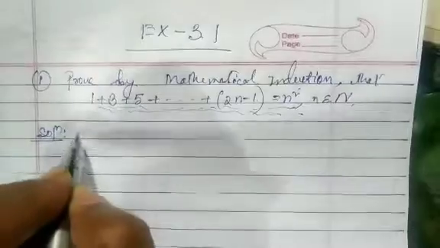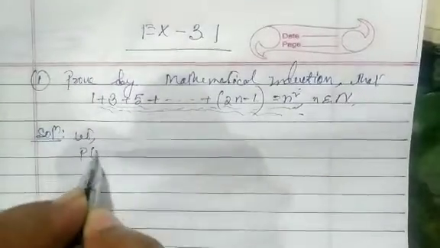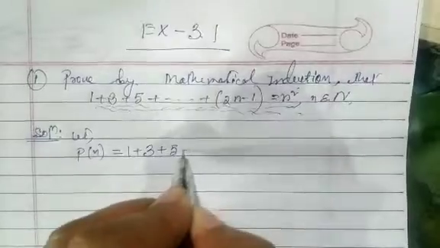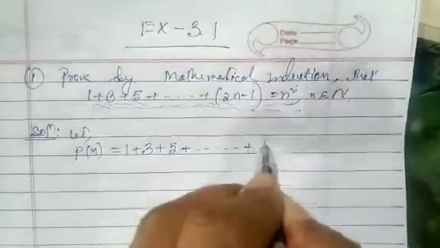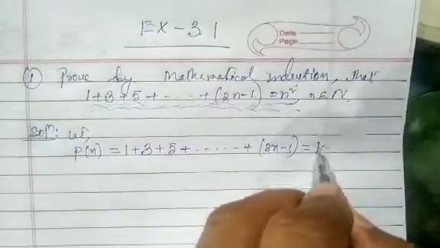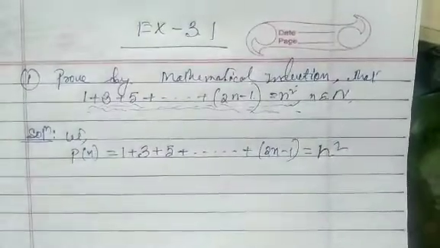Solution. Let P(n) be 1 plus 3 plus 5 plus dot dot dot plus (2n minus 1) is equal to n square.